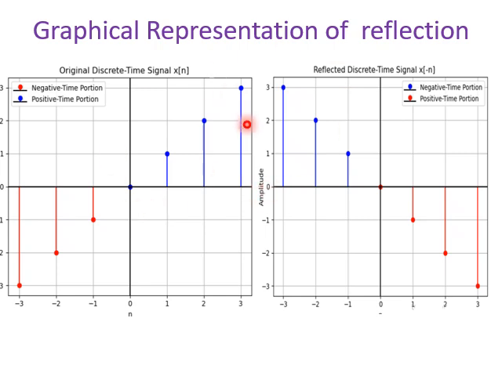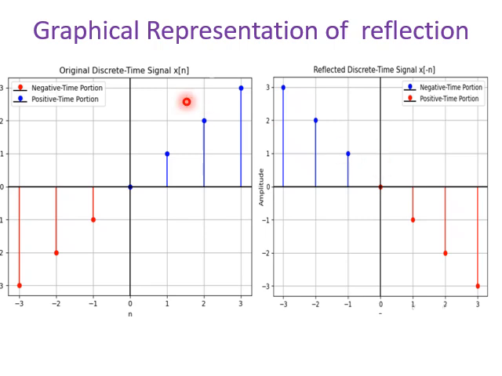After reflection, because we are reflecting around this point, all parts of the signal to the right will be shifted to the left, and all parts of the signal to the left will be shifted to the right.